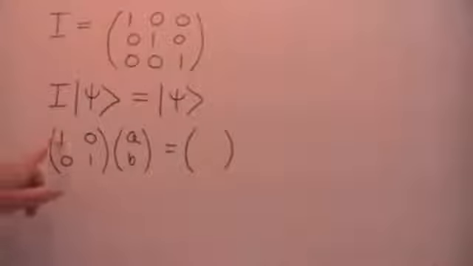We're going to get obviously another vector. 1 times A plus 0 times B is A. 0 times A plus 1 times B is B. As you see, you simply get back the state that you started with. So you can always multiply a state by the identity operator without changing anything. And as we shall see, that is a trick we shall want to use.